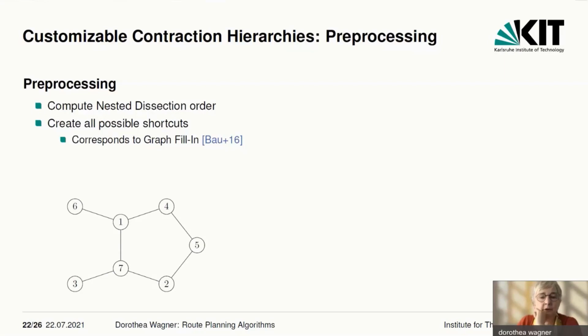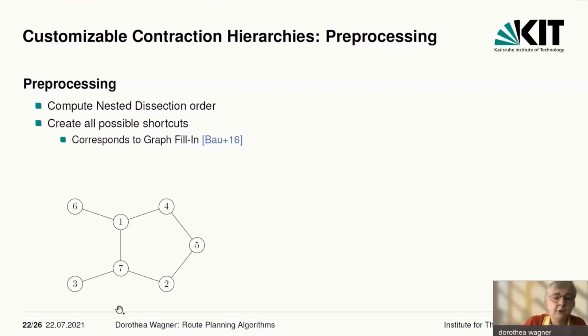What we do here is a well-known technique in graph theory, the so-called graph fill-in, which, by the way, if we look at the adjacency matrices of the graphs instead of the graphs themselves, is the same as what is done in Gaussian elimination when we want to solve linear equations.